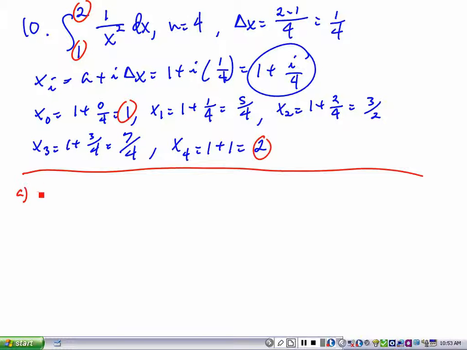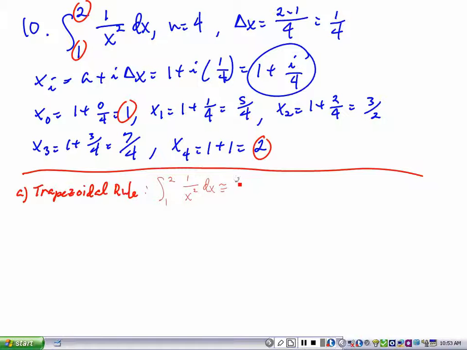So part A, for the trapezoidal rule, we have the integral from 1 to 2 of 1 over x squared dx, and we approximate it by (b minus a) over 2n.